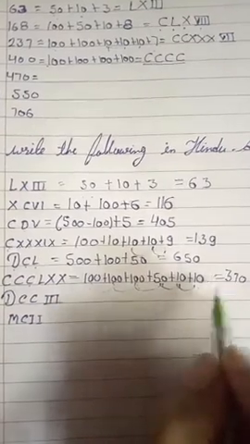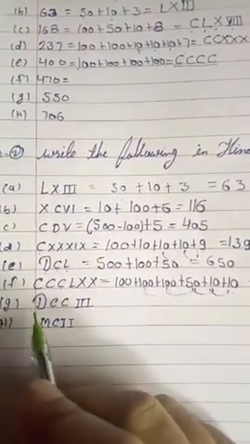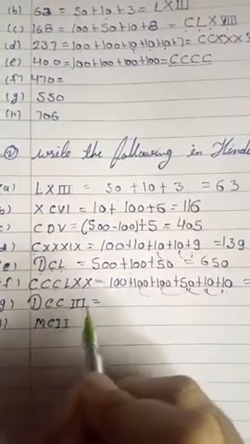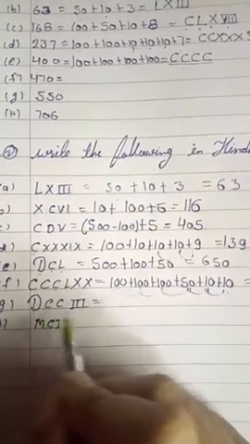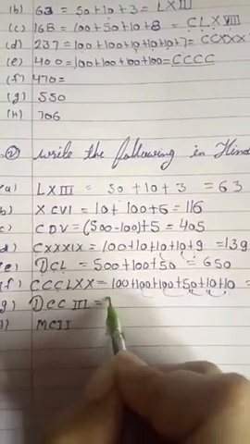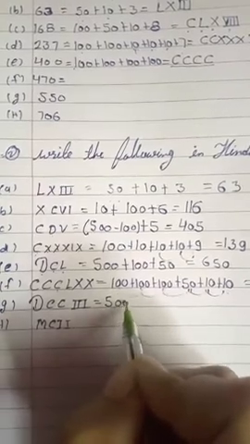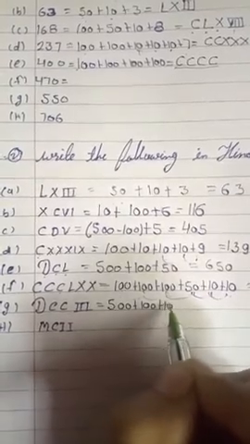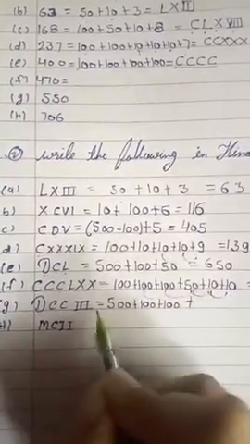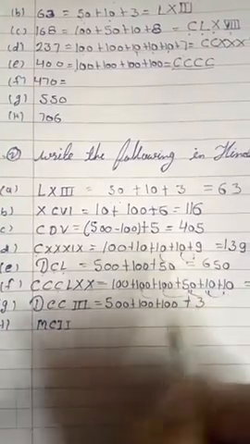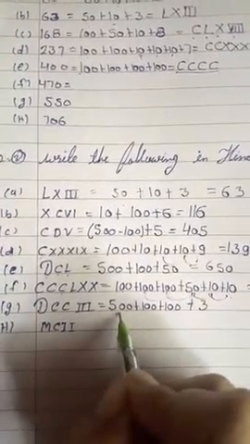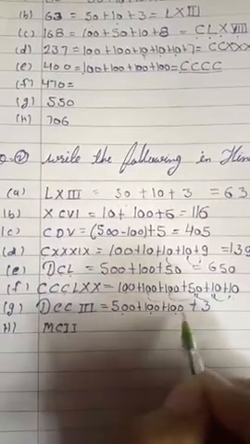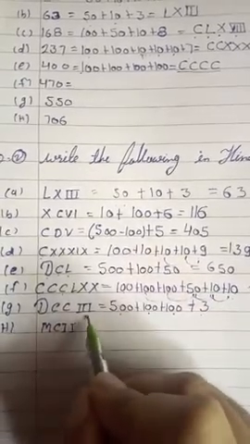Complete F. Next is G. Firstly, change into Hindu Arabic digits. D is the symbol of 500, C is the symbol of 100, again C is 100, and last this is the symbol of 3.